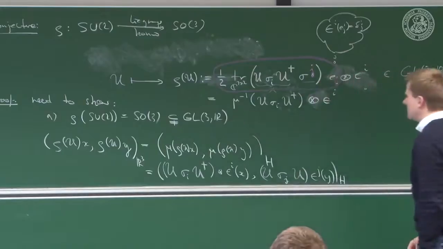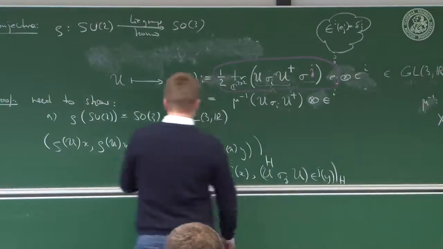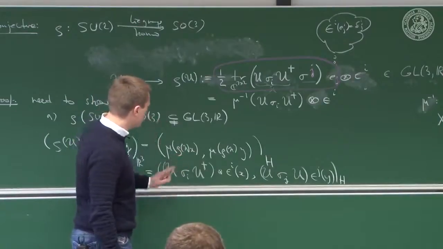But the mu, shouldn't it also act on the epsilon, on the tensor epsilon? If we leave out the mu and the mu inverse, nevertheless the mu has to act on the epsilon, doesn't it? Because it's not inside of the mu inverse. No, this is all inside, mu of the entire thing. Ah, yes, but hang on.